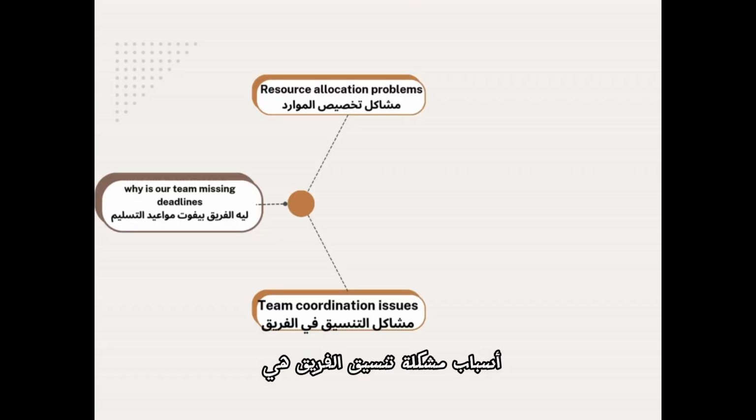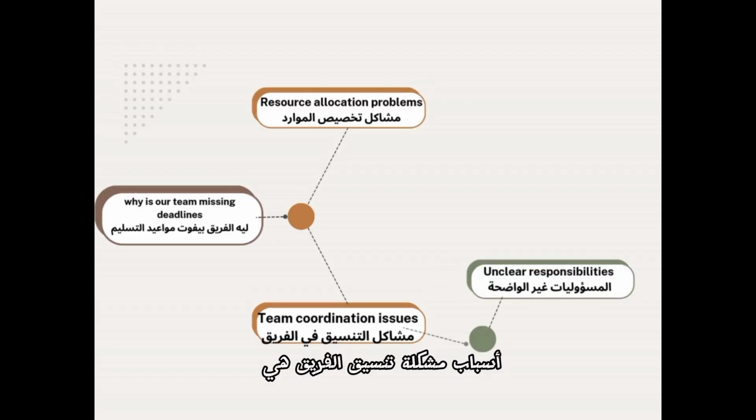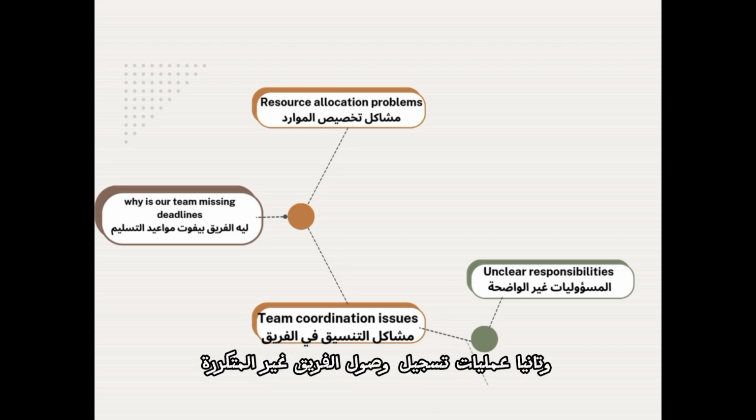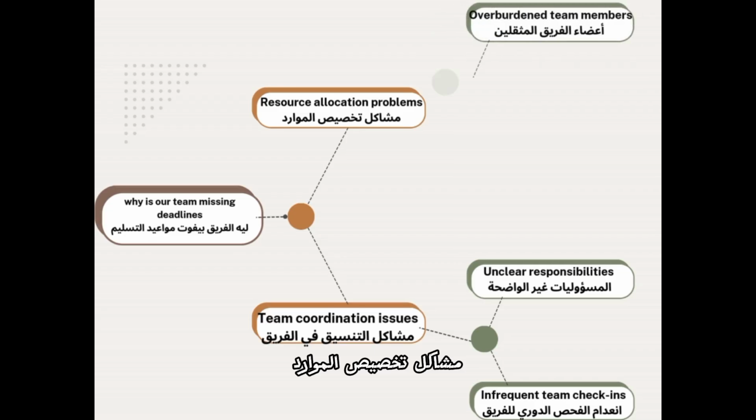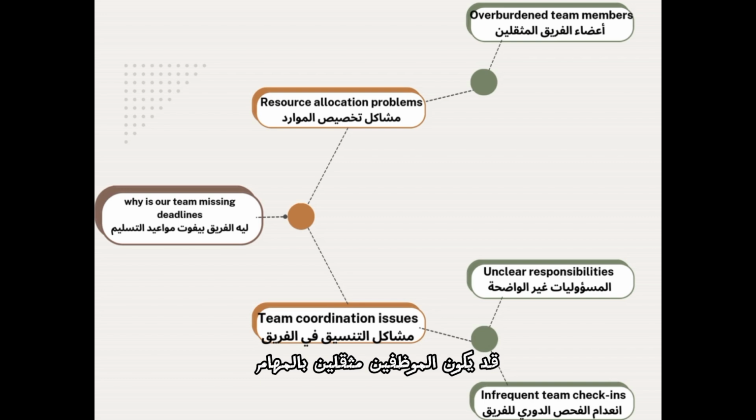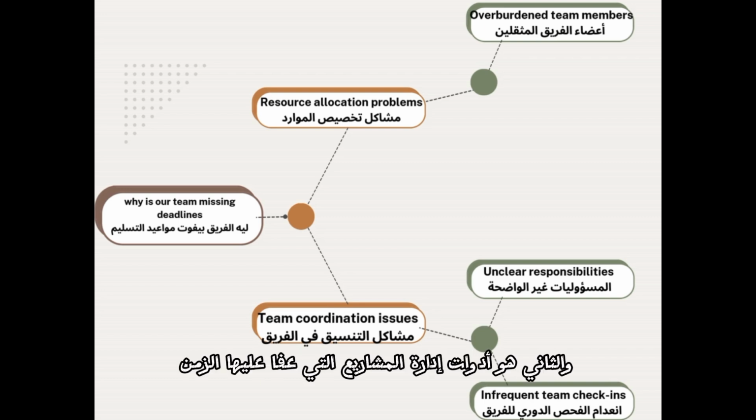The team coordination issues causes are: number 1, unclear responsibilities, and 2, infrequent team check-ins. And in the second branch, the resource allocation problems might be overburdened staff, and the second is outdated project management tools.